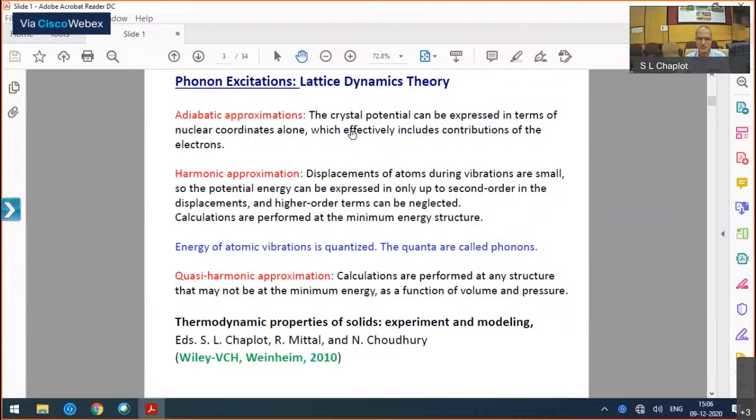Nuclei move much more slowly than electrons, and so in most cases, one can say that the electrons essentially follow the nuclear motions adiabatically, because nuclei move very slowly, and the electrons can quickly adjust to whatever slow movements the nuclei have.